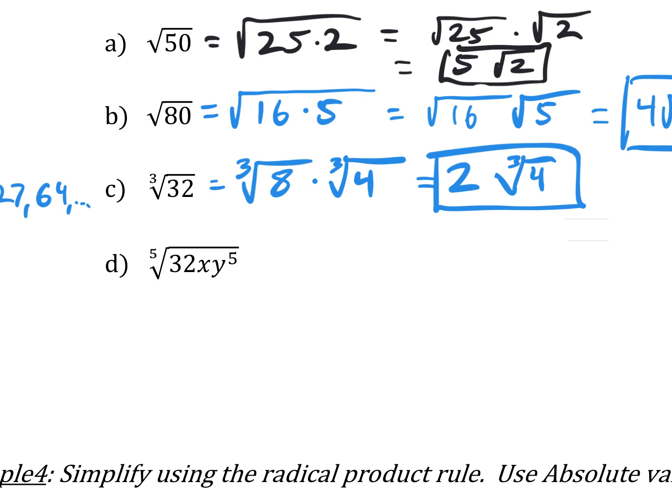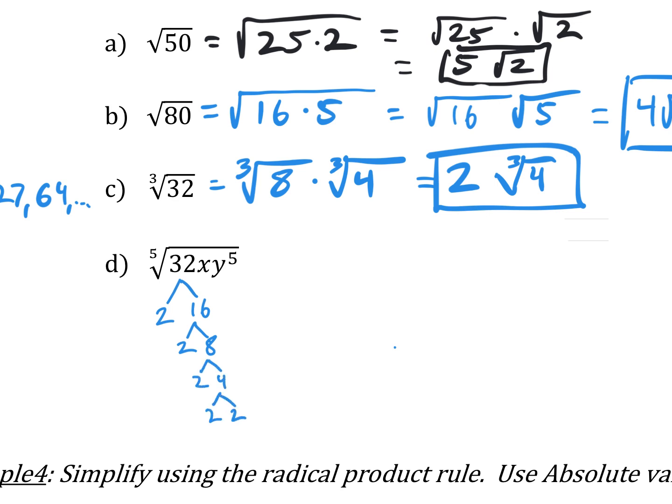Oh boy. Well, once we get large exponents and a little more involved expression under here, you may want to use the second method that we talked about a few minutes ago. The second method is the prime factorization. And to do that, let's go ahead and just start breaking this up. This is 2 times 16. 16 is 2 times 8. 8 is 2 times 4.